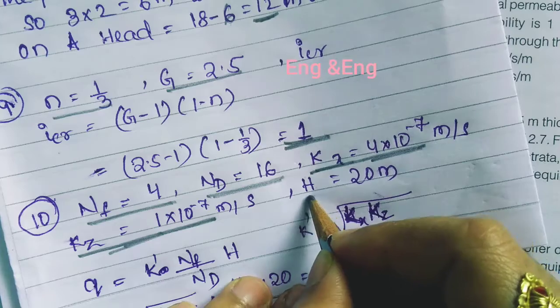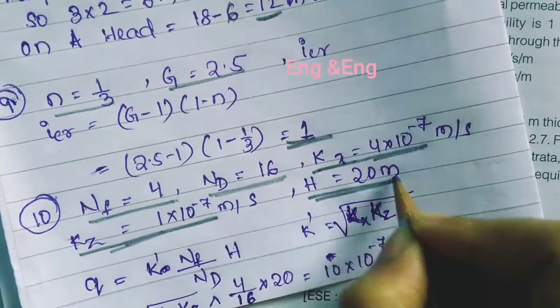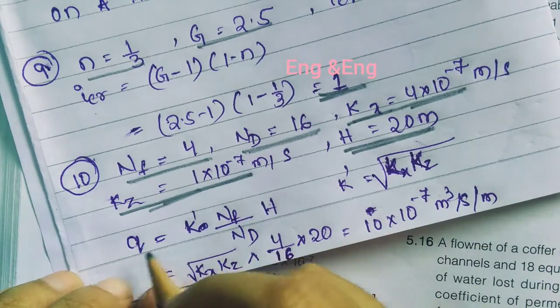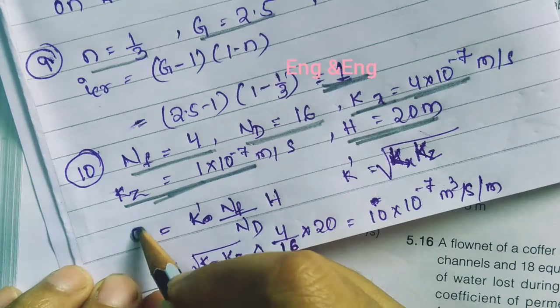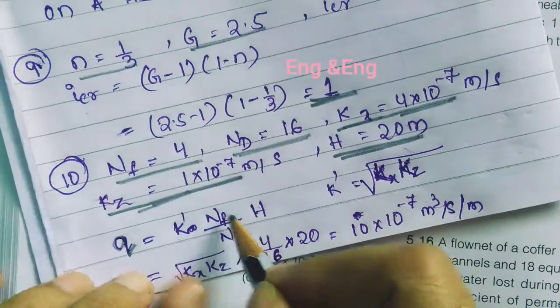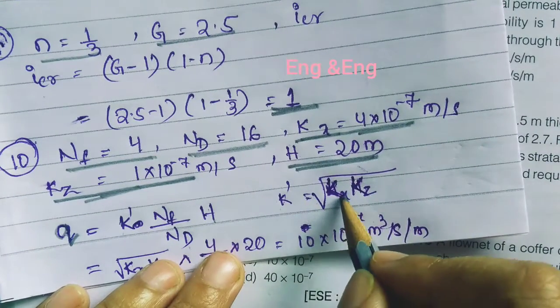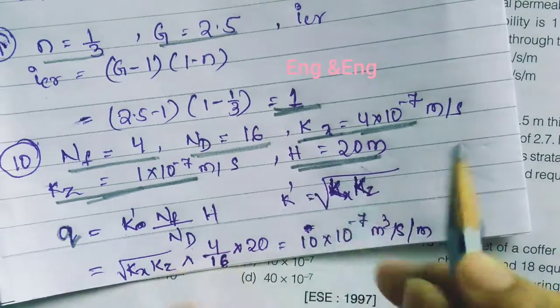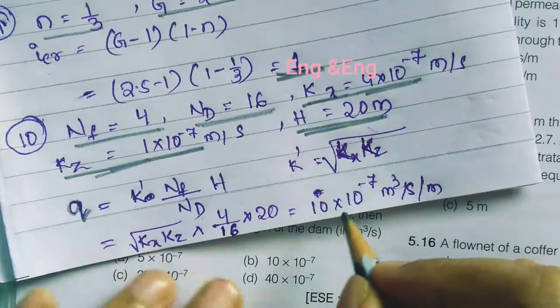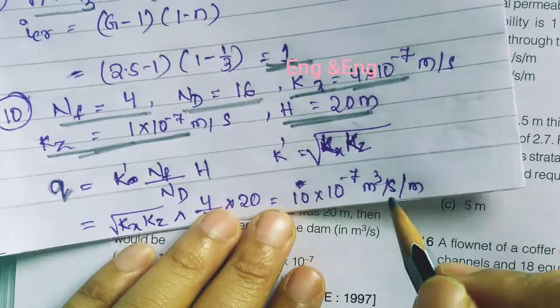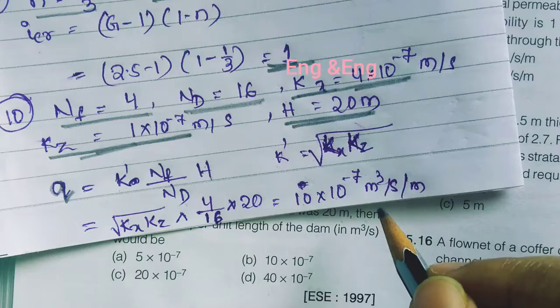Then H total head is given 20 meter, and for anisotropic soil our discharge Q equals to K dash NF divided by ND into H, and K dash, how can you calculate that? Kx into Kz whole root. So put all the values and answer will be 10 into 10 to the minus 7 meter cube per second.